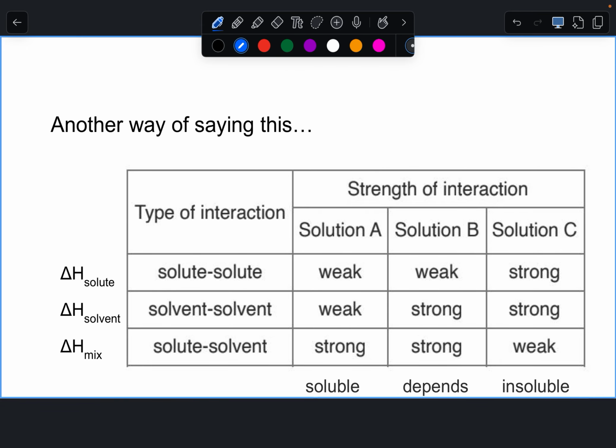So this is step 1, 2, and 3. In solution A, if you had relatively weak interactions for the solute and solvent, it's not a big deal to break them apart if there's a really strong interaction when they come together, the solute and solvent.